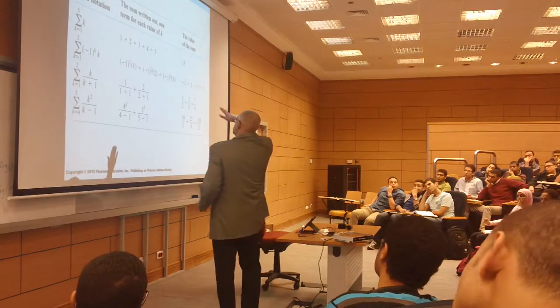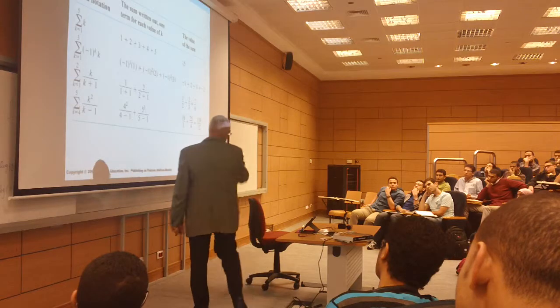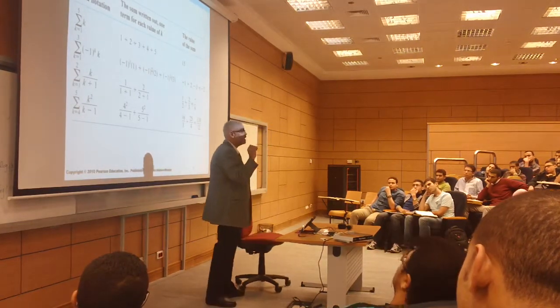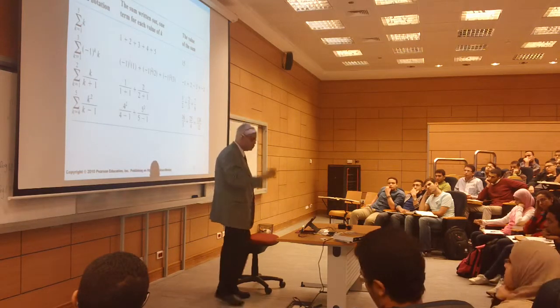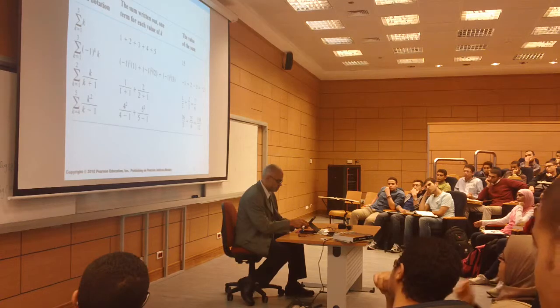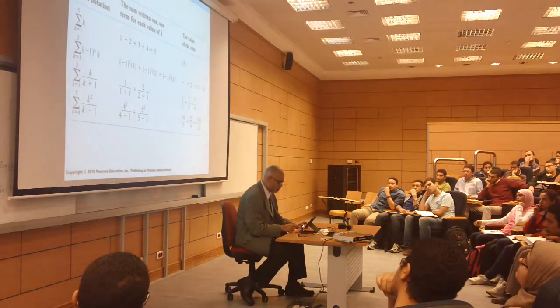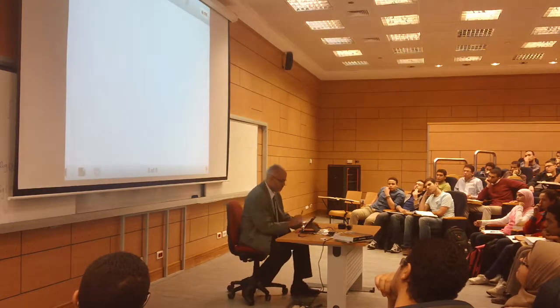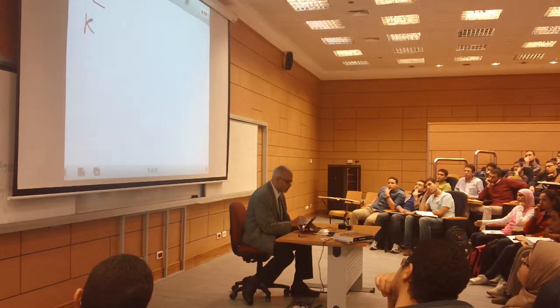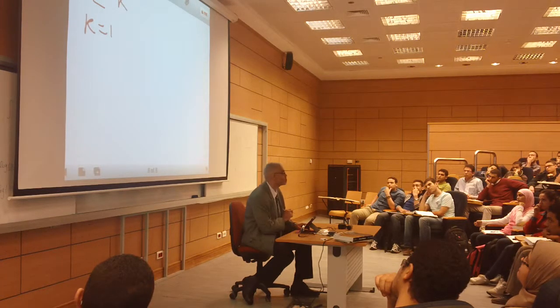And in each one of these cases, I am simply adding these terms. In some cases, I can find a formula to get that sum. Let's talk about a specific case. I have sigma from k equals 1 to n of k.